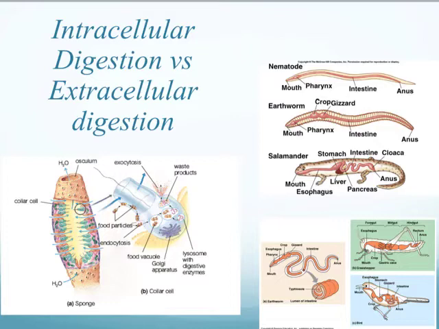In doing so, food vacuoles are formed inside the cytoplasm of the cell. They then fuse with a lysosome. The lysosomes typically contain several forms of hydrolytic enzymes, and those hydrolytic enzymes will break down the particles inside the food vacuole.